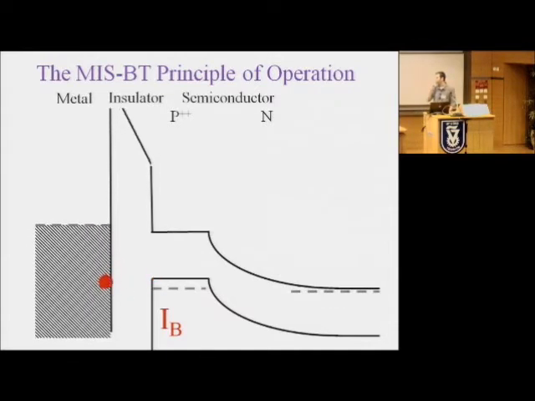Now we increase the voltage, and at some point we will have injection of electrons from the metal through this thin insulating film to the conduction band of the base, and electrons that are injected to the conduction band and do not recombine at the interface or inside the base layer will then be collected at the collector terminal, just like in a standard bipolar transistor.